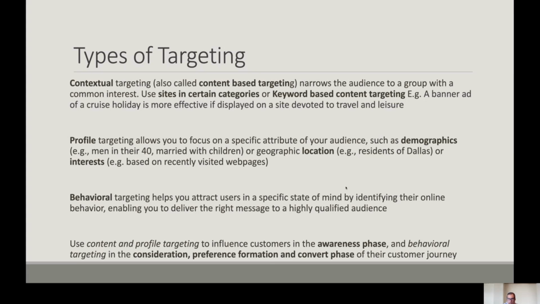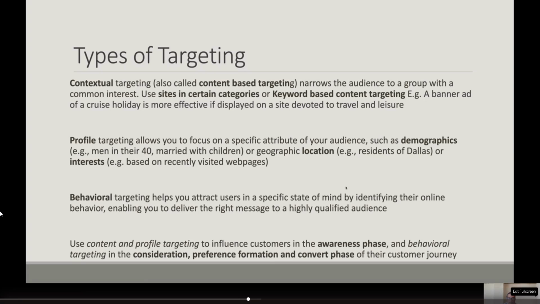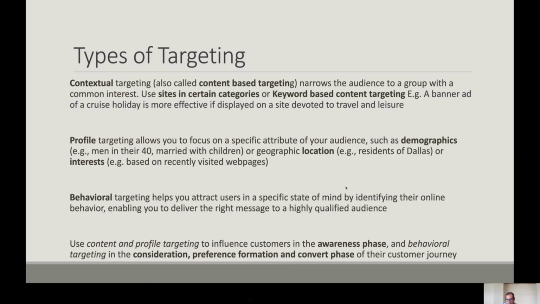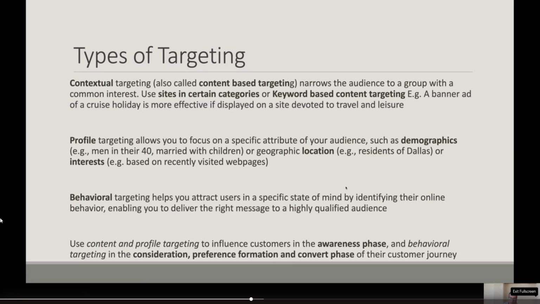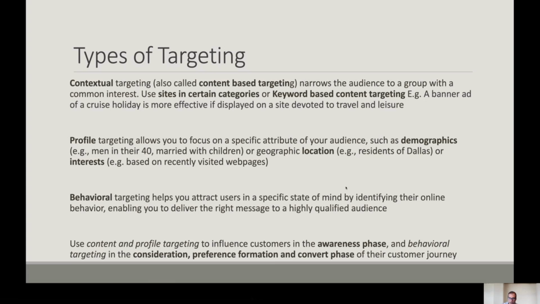Well, for such sites, a variation of contextual advertising can be done, which is called keyword-based content targeting. And the idea is, just like in search ads, the advertisers pre-select a set of keywords that indicate interest in the type of product or service that they are selling, right?